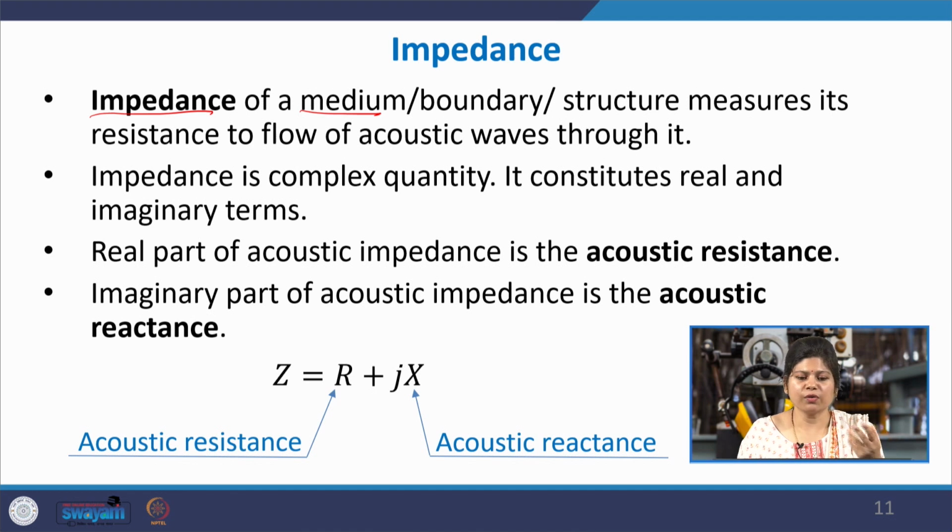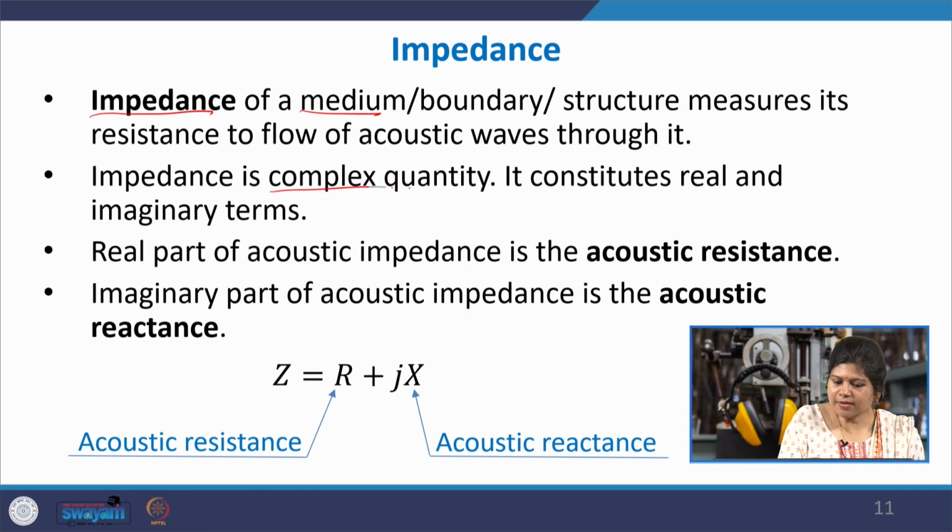Or you have a particular boundary, and you measure the resistance it is offering to the entering of the sound wave. Or some kind of lumped structure, like a black box device, where the sound wave is incident and then comes outside. It is offering some kind of resistance to the flow of sound waves. What is the impedance it is offering?